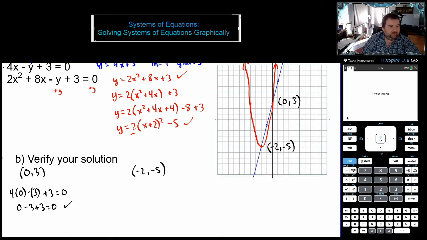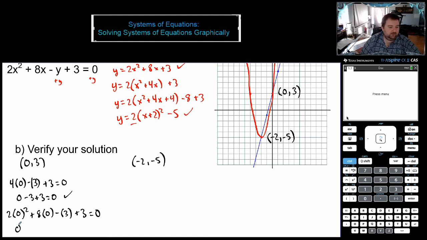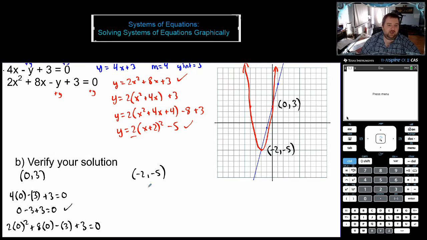Let's plug it into our second equation. 2 times 0 squared plus 8 times 0 minus 3 plus 3 equals 0. This is going to be 0 plus 0 minus 3 plus 3 equals 0. Yes, that works.